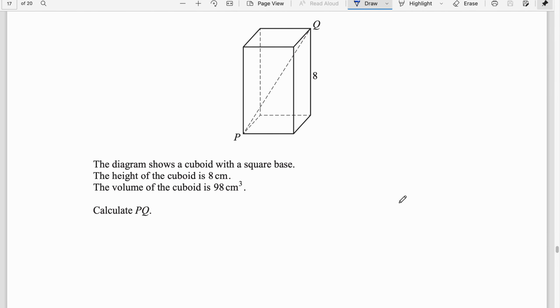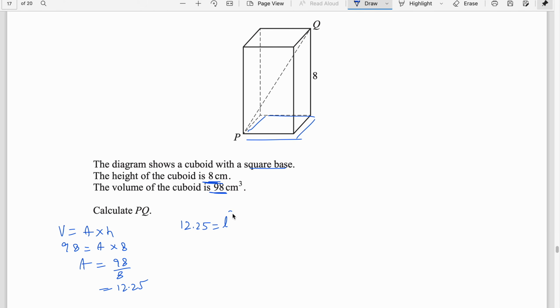B part. The diagram shows the cuboid with a square base. The height of the cuboid is 8. The volume is 98. Calculate PQ. So volume is equal to cross-sectional area times height. Volume is 98, cross-sectional area unknown, height 8. So area is 98 by 8, which is 12.25. And it is a square base, so 12.25 is equal to L square.